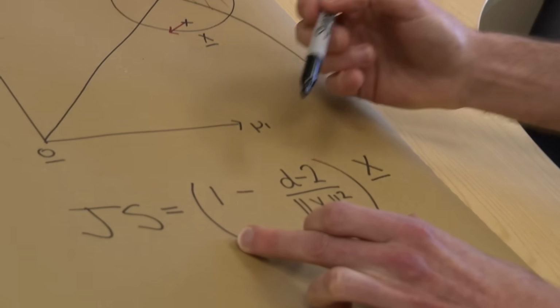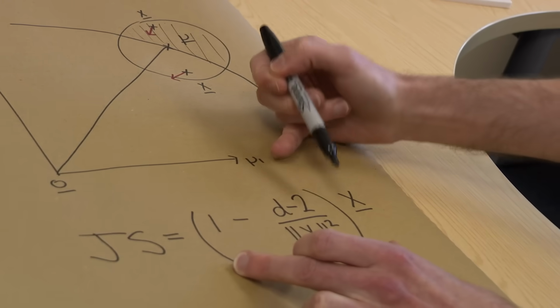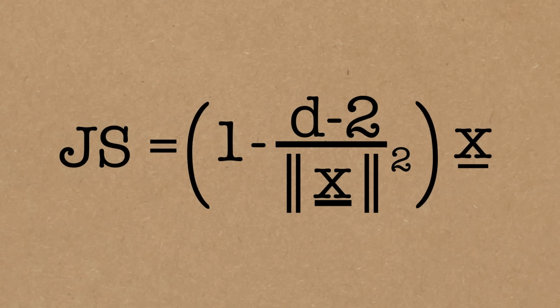That's the natural thing to do, right? But this factor changes things. This says that because this term is always less than 1, I'm going to be pulling things towards the origin by some amount. That amount will depend on the dimension, d. So in high dimensions, this thing will be pulled more strongly towards the origin. And it will depend on how far I am from the origin in the first place. And that's what the length of this vector x signifies here.